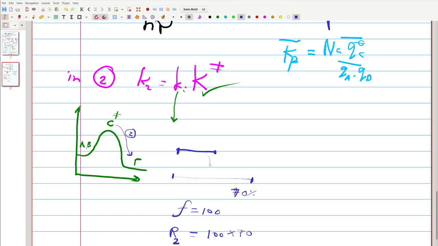So this is the frequency. This is the rate, so it's going to be 70. Now, if f turns out to be 500, R2 would become 70 times 5, which is 350. That's the idea that it is based off of. So we can write this concept as an equation.